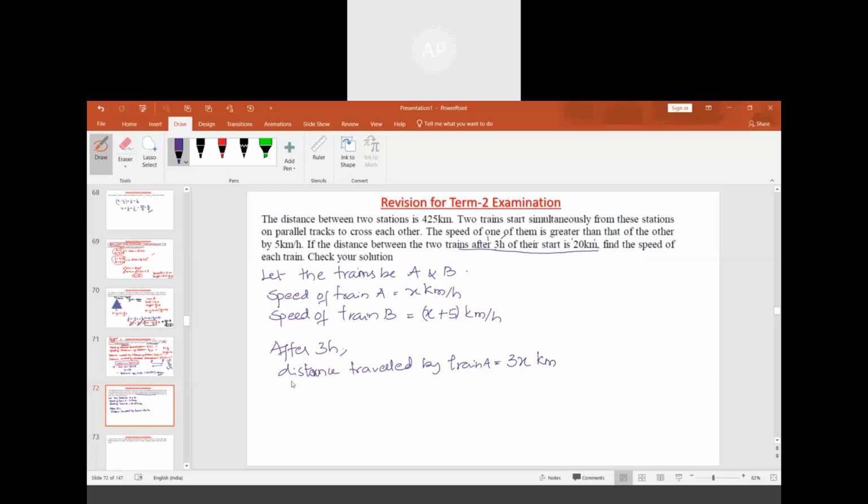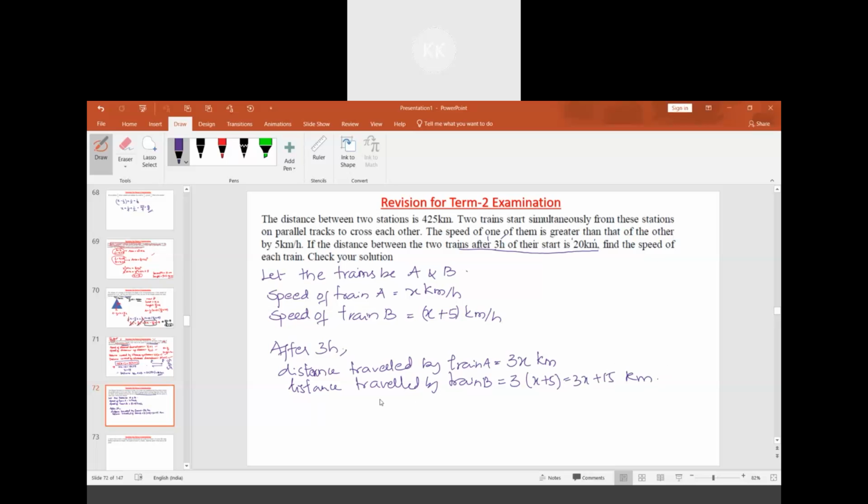In the same way, the distance traveled by train B is 3 times x plus 5, which is 3x plus 15 kilometers.